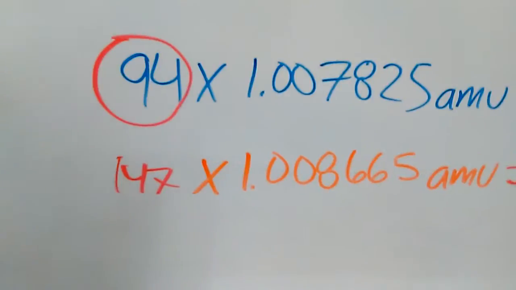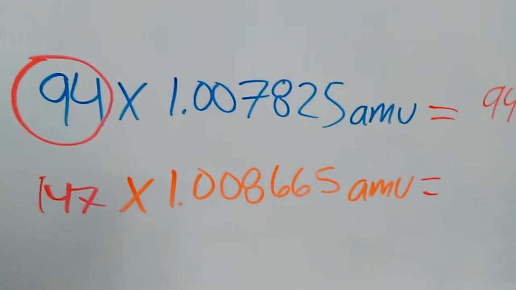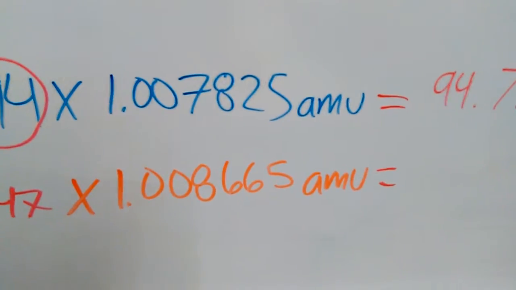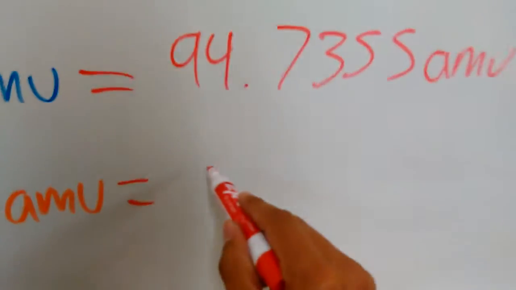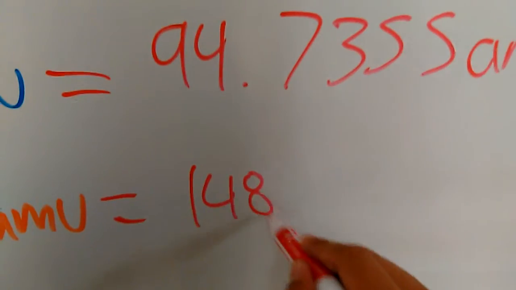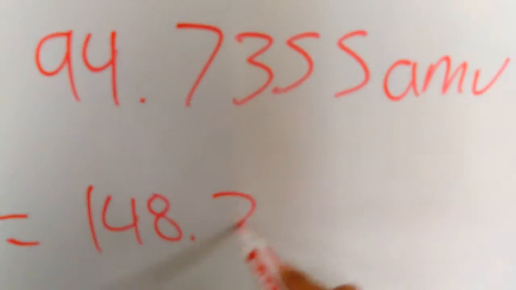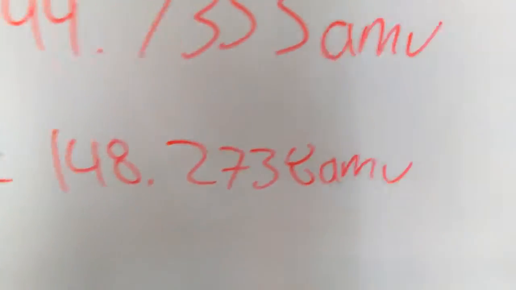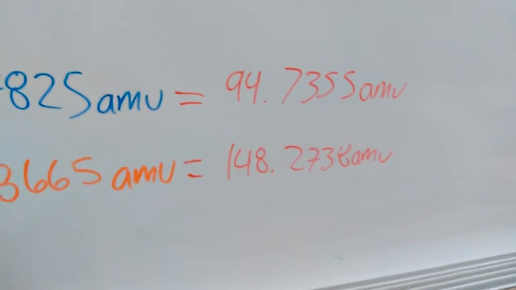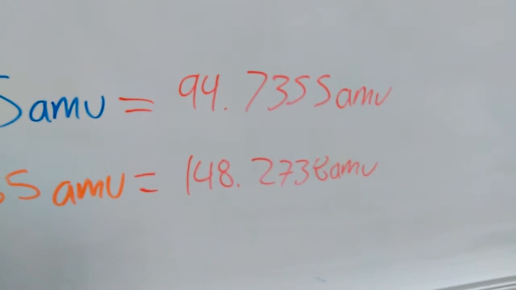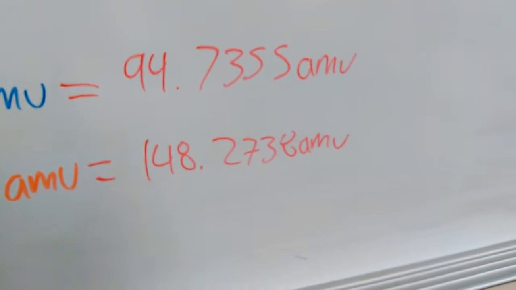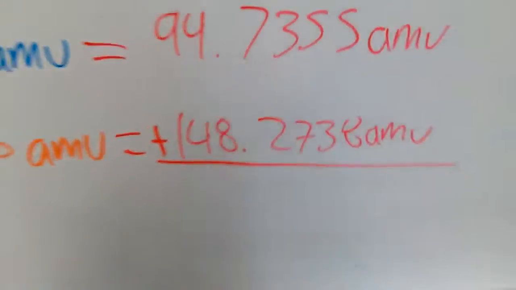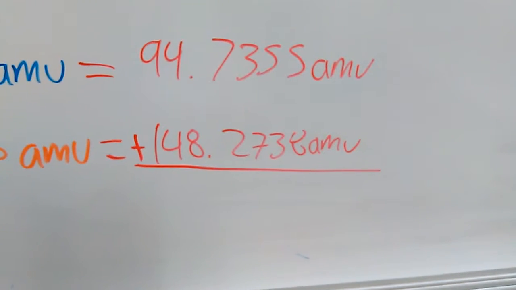And then once you multiply 147 times 1.008665 atomic mass units, you should get 148.2738 atomic mass units. With this, all we're going to do is add them up, and we're going to try to find our mass defect. So we're going to add these here.